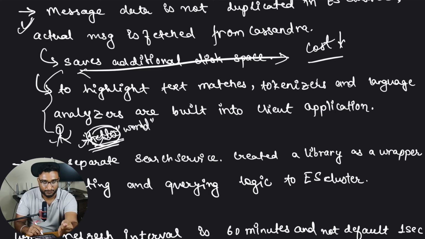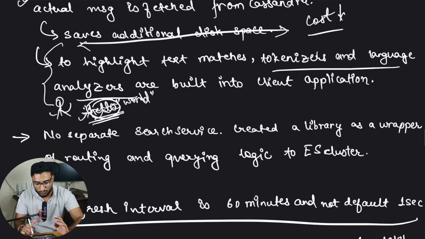But since your actual message is not present in the Elasticsearch cluster, you will have to build this support custom in your client application. This was easily done, and the tokenizer and language analysis were built in the client application to handle this. Discord was fine to do it, so you don't have to worry about that.